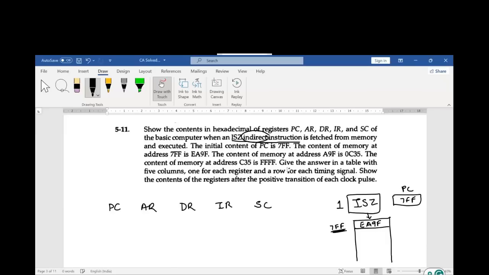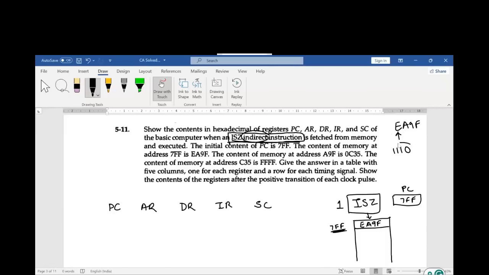Now see here carefully. Here they have given you that the instruction to be executed is the ISZ indirect instruction. This can be skipped in the question. You may only be given that the content of PC is 7FF. At 7FF, you have EA9F. So from EA9F, can you decode which instruction is to be executed? E is 14.